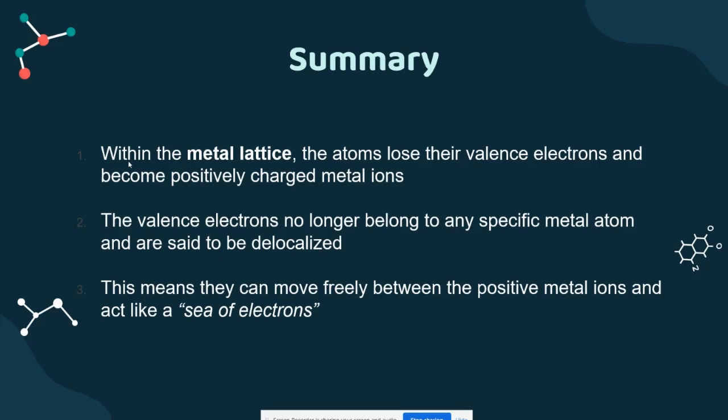Next, the valence electrons no longer belong to any specific metal atom and are said to be delocalized. So here, you could extract the knowledge of where these delocalized electrons are coming from. Hence, the statement comes that they can move freely between the positive metal ions and act like a sea of electrons.